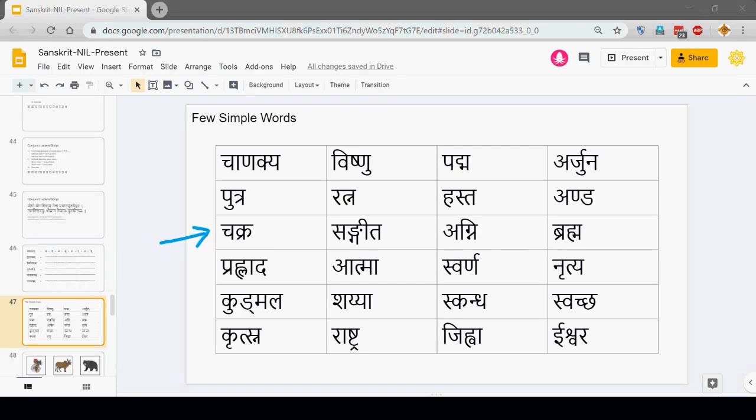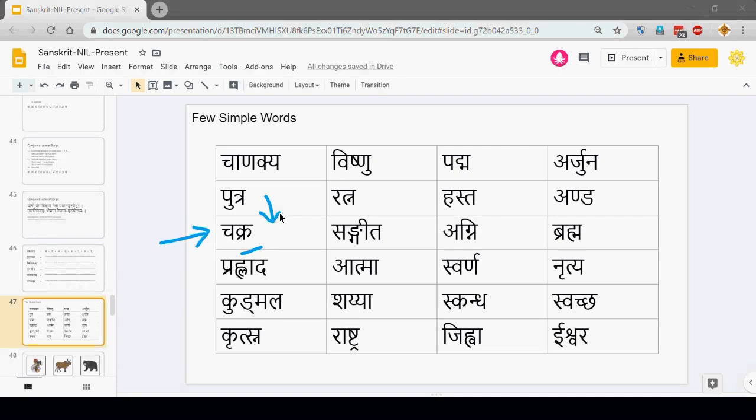Chakra. Again this ka, because of the oblique line at the bottom, has ra following here. So ka is half, ra is later. Top to bottom remains the sequence of pronunciation, but the top one is a consonant only, no vowel.